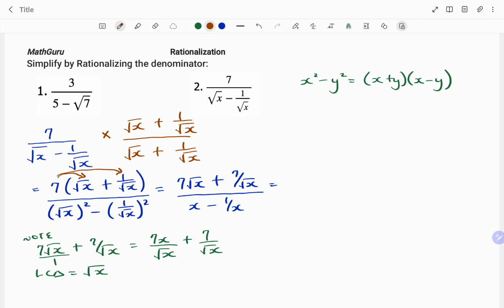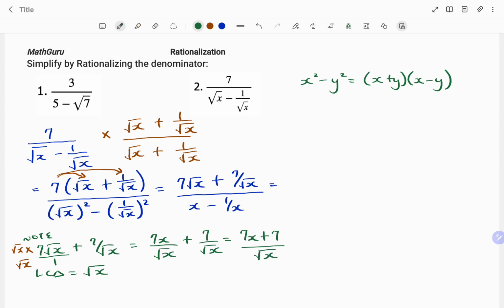What I've done is to multiply the left term by root x at the top and at the bottom in order to make the denominators the same. So this will give me 7x plus 7, and then putting them under the same denominator, root of x.